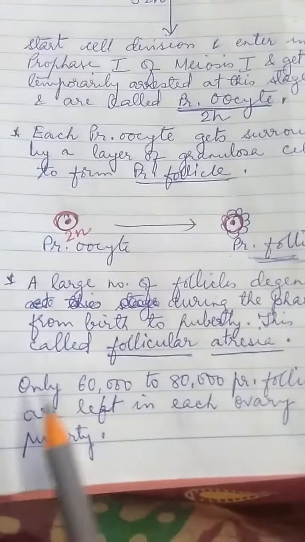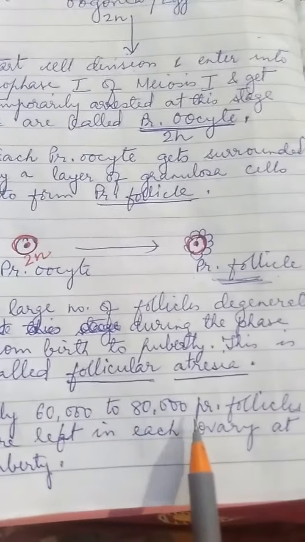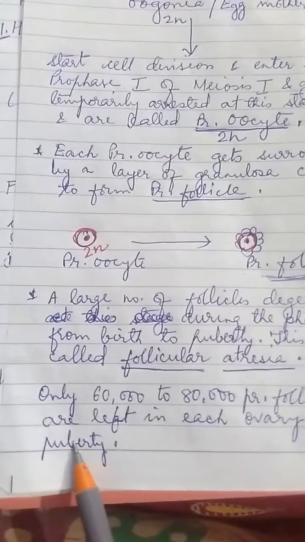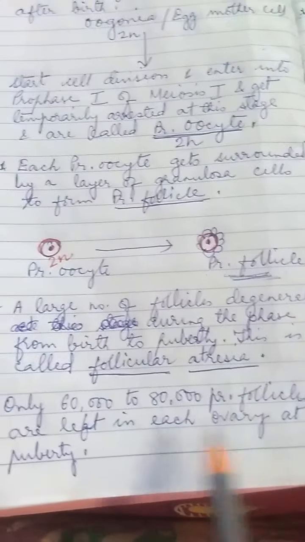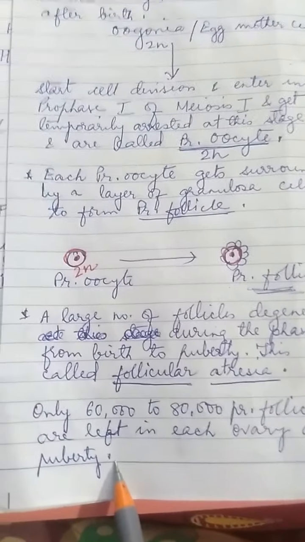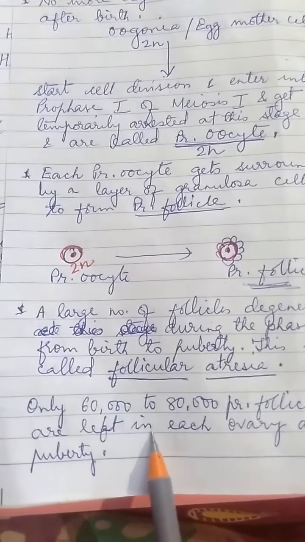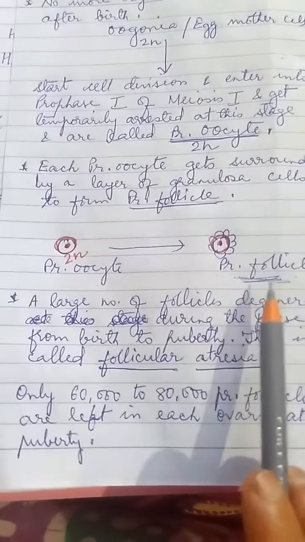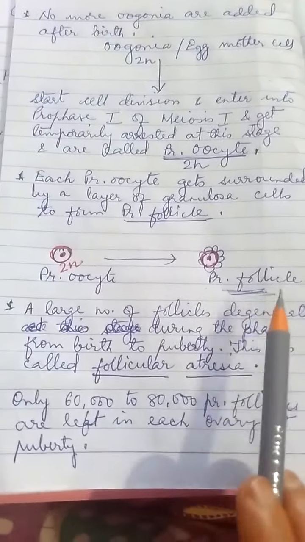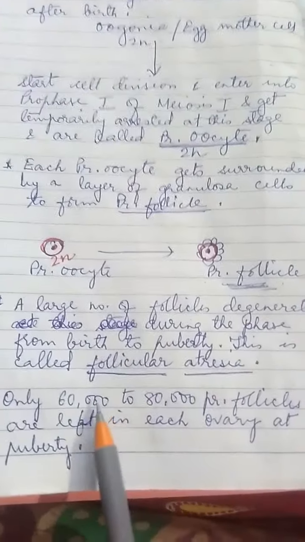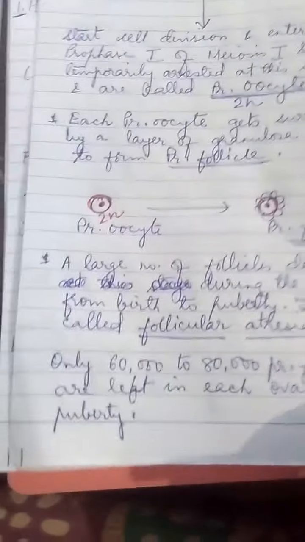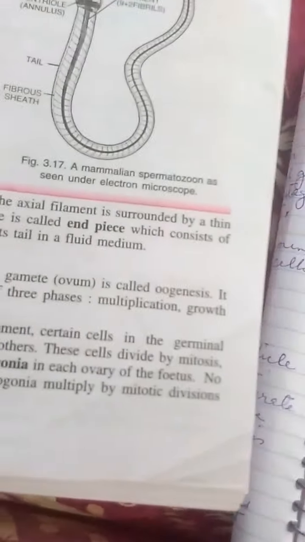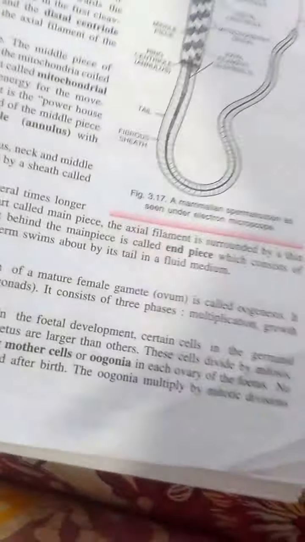So only 60,000 to 80,000 primary follicles are left in each ovary by the time of puberty, right? Out of so many primary follicles developed, most degenerate, leaving only 60 to 80,000 per ovary by puberty.